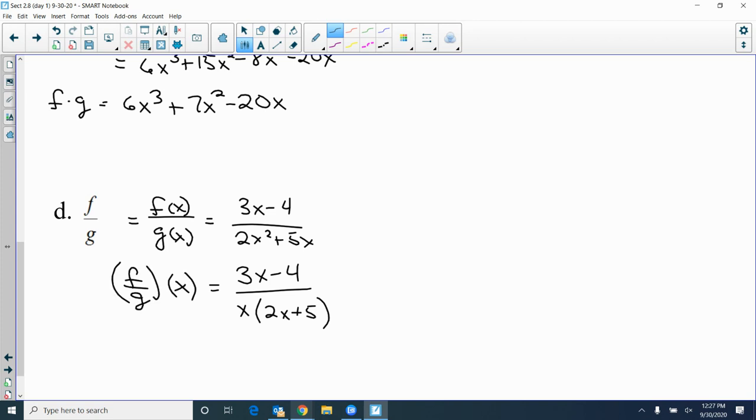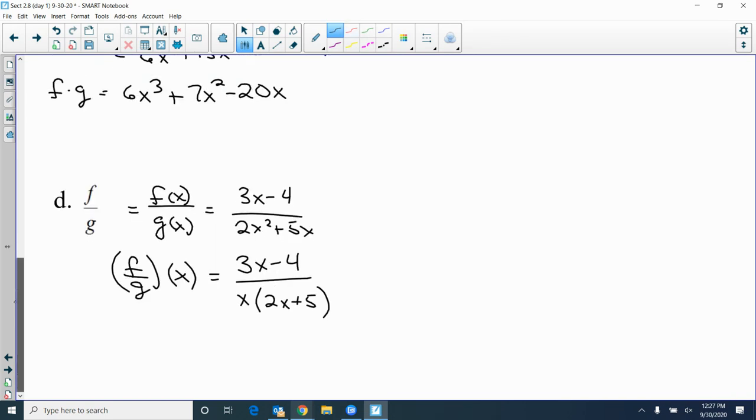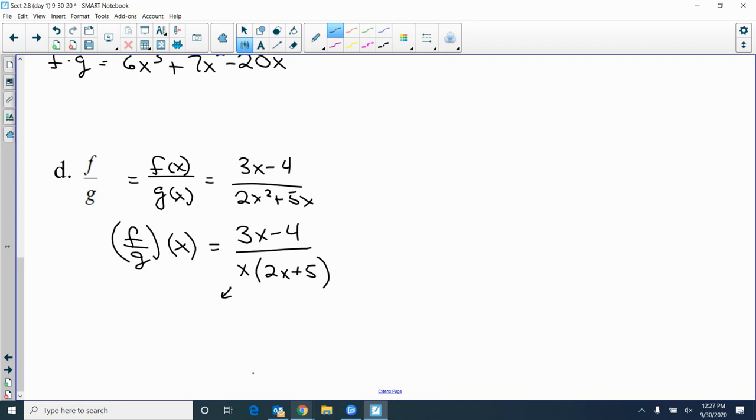Okay, that's our division. I do want to list the domain for this one. Since I have a denominator, what makes the denominator equal to 0? Well, if x equals 0, or if x equals, what's that going to give me? Negative 5 halves.